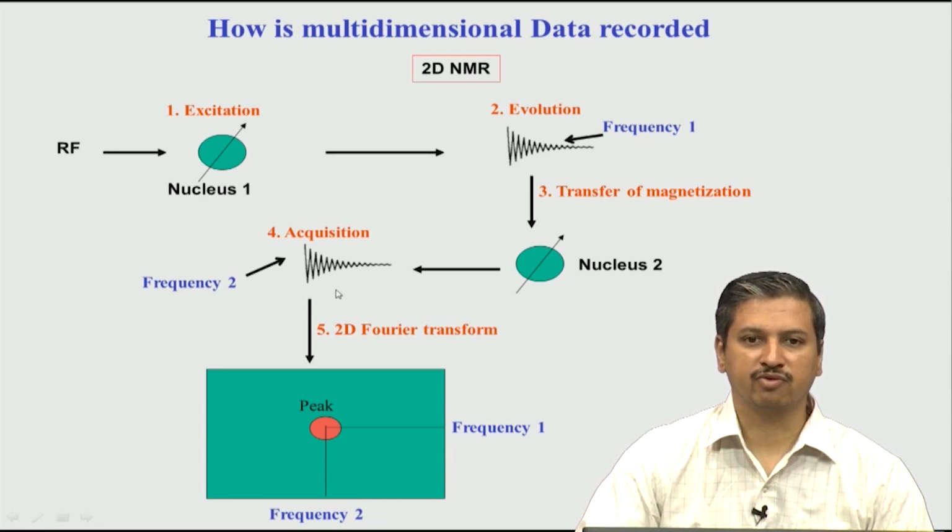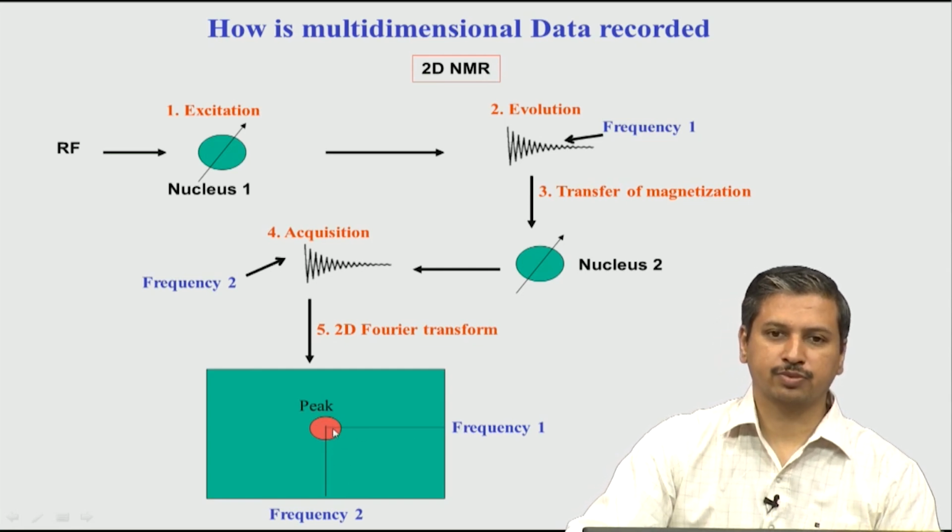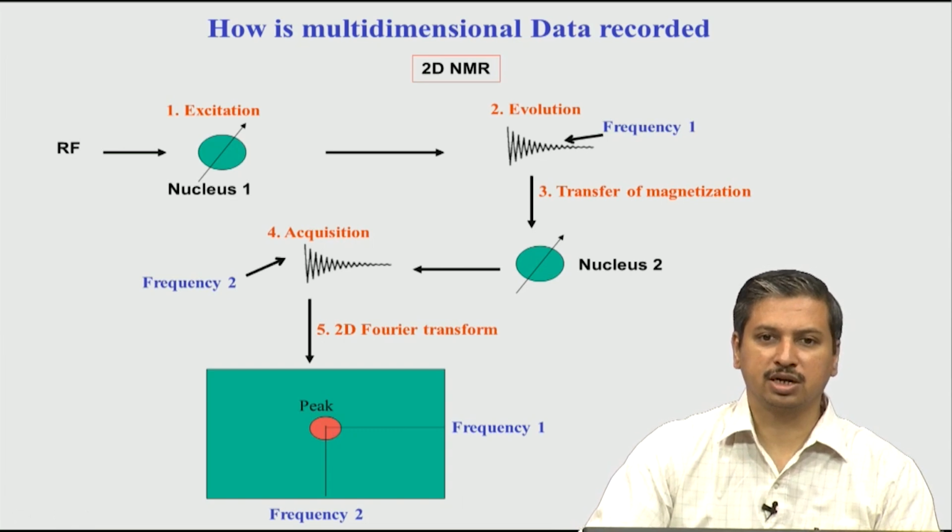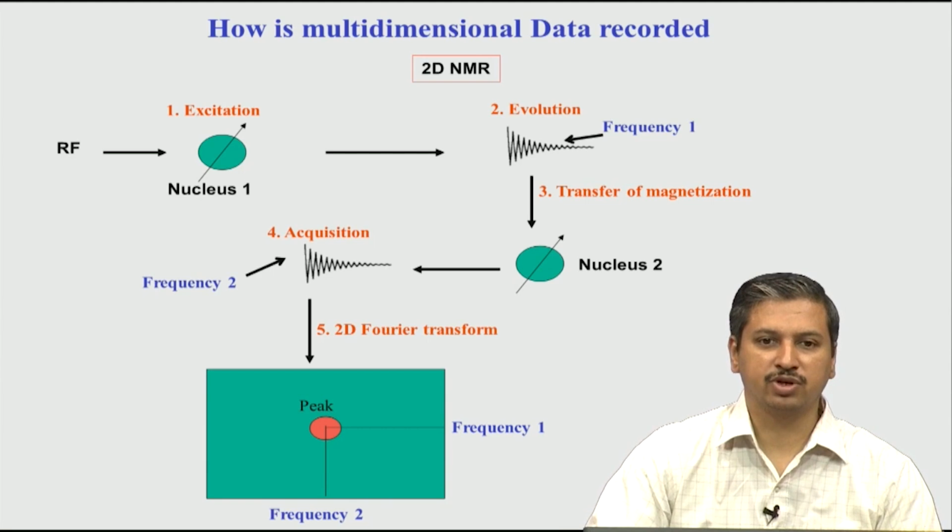Therefore, they become one unit, coupled to each other, and together they are captured as a cross peak. This cross peak has two frequencies, each corresponding to one nucleus. This is basically the general idea of 2D NMR, and there are many variations of this. As we go along we will see that.